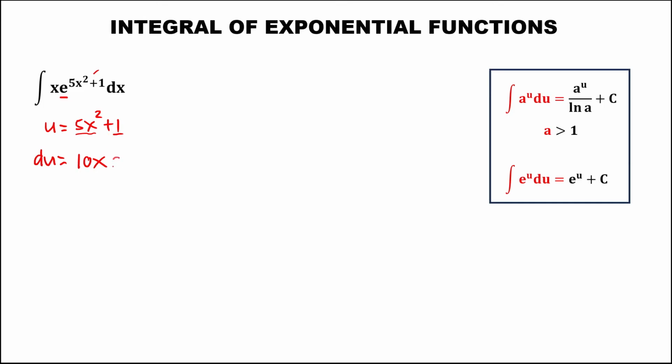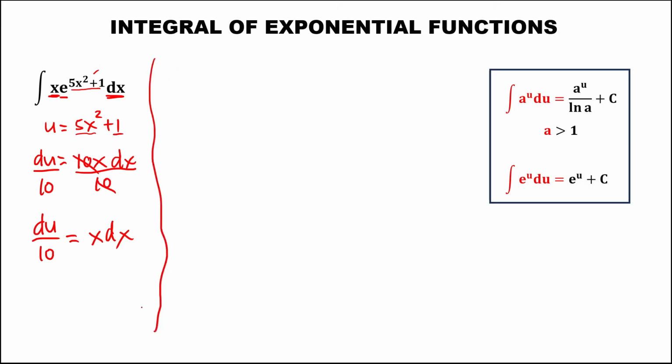So du is 10x dx. Then since we have this x dx, to solve for x dx, divide both sides by 10. So this becomes du over 10 equals x dx.